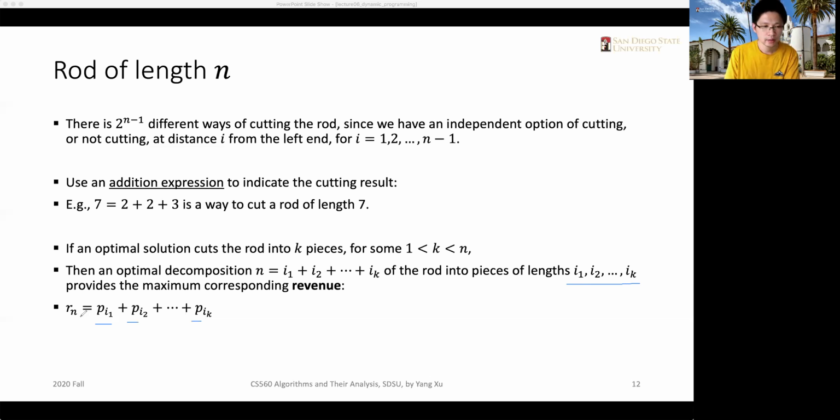So the revenue would be the price for selling i1, plus the price for selling i2, plus the price of selling ik. These are the notations we will need to use to further formalize the problem.